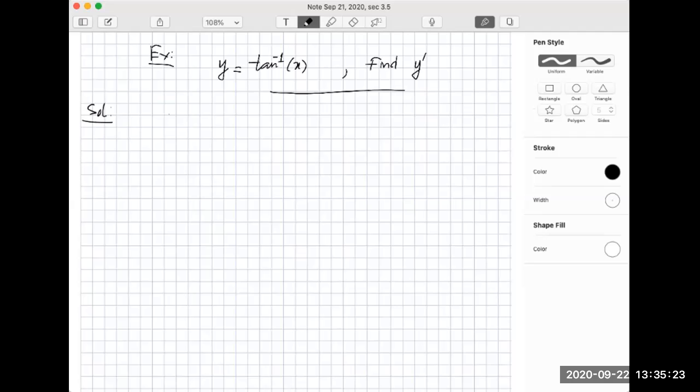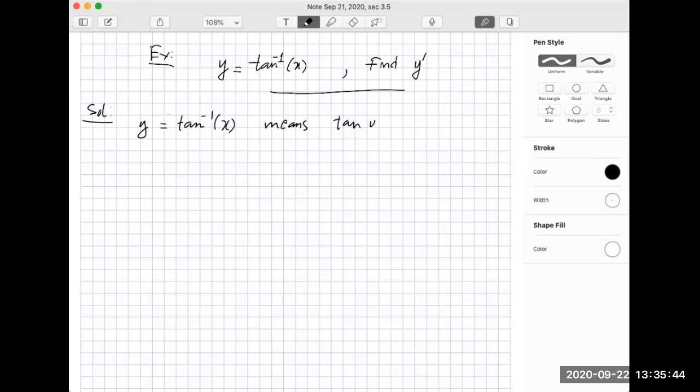Y is tan inverse of x. What does it mean? It means that if we take tan of both sides, it will be the same.